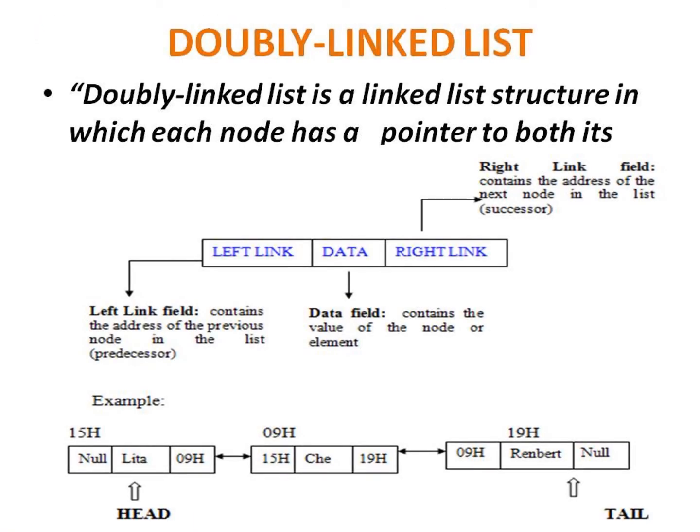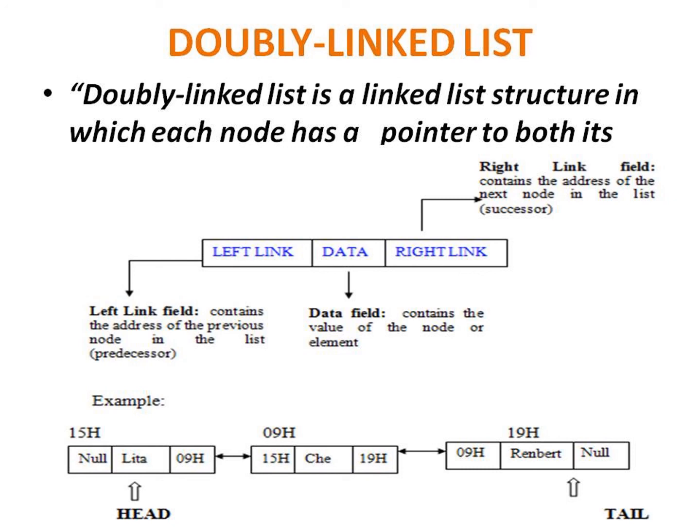So, lastly, we have now doubly linked list. This is just a preview, okay? So, doubly linked list is a linked list structure wherein it has a pointer pointing to the previous node and the next node. Okay, previous node is our predecessor and our next node is our successor.